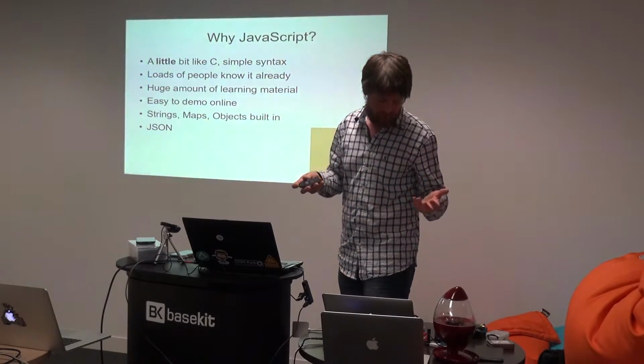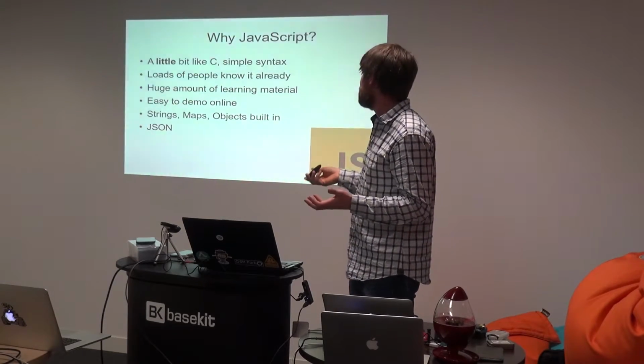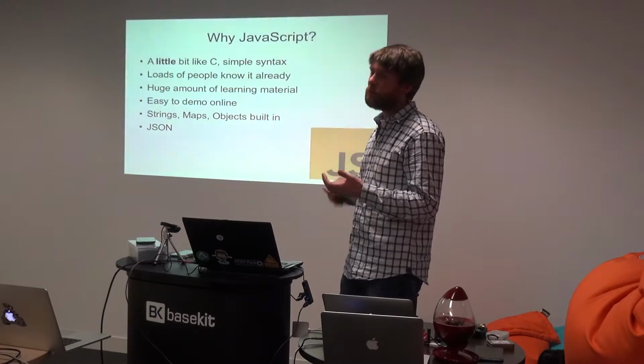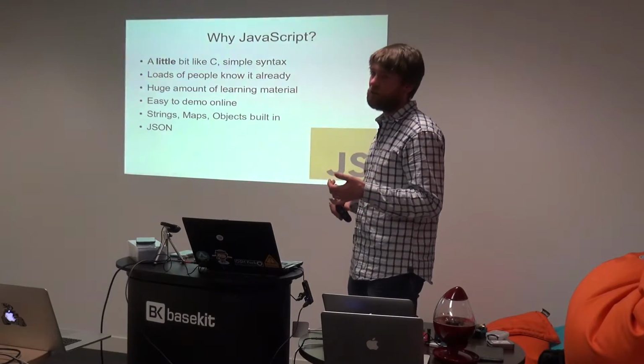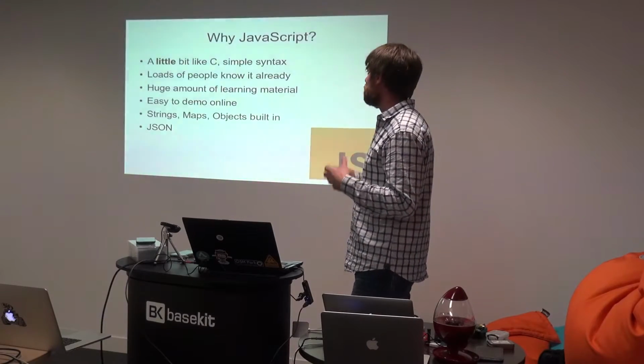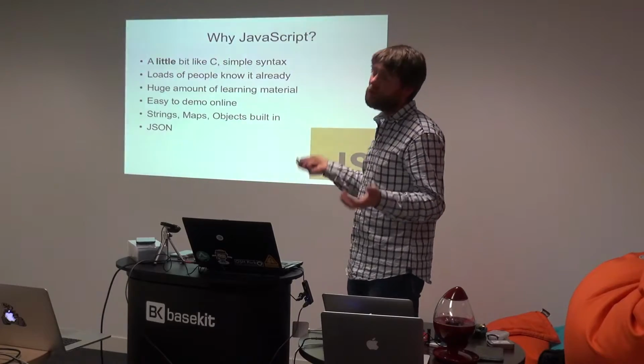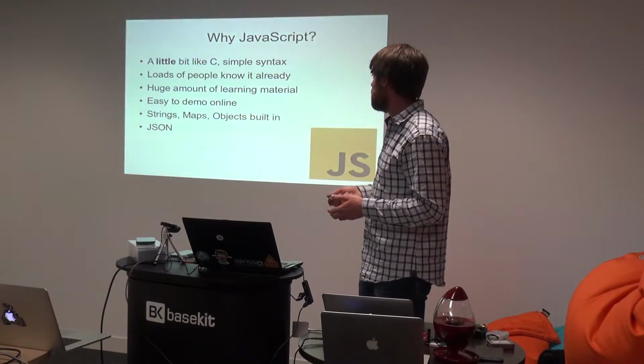On a Raspberry Pi you could use lots of different languages. It's a bit ugly, but an awful lot of people are used to programming in languages that look like JavaScript, like C, PHP, Java. It's a very familiar thing. A lot of people know JavaScript already, and if you don't, you can learn it online really easily.